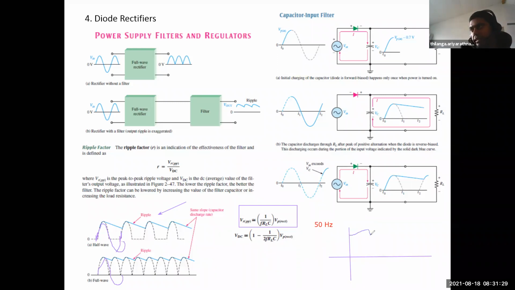When we have a ripple like this, guys, we consider some value around the middle line. So this is the ripple, the ripple voltage. This is half of the ripple voltage. When we subtract VP minus half of the ripple, we get this rectified DC voltage. Is that clear, guys?